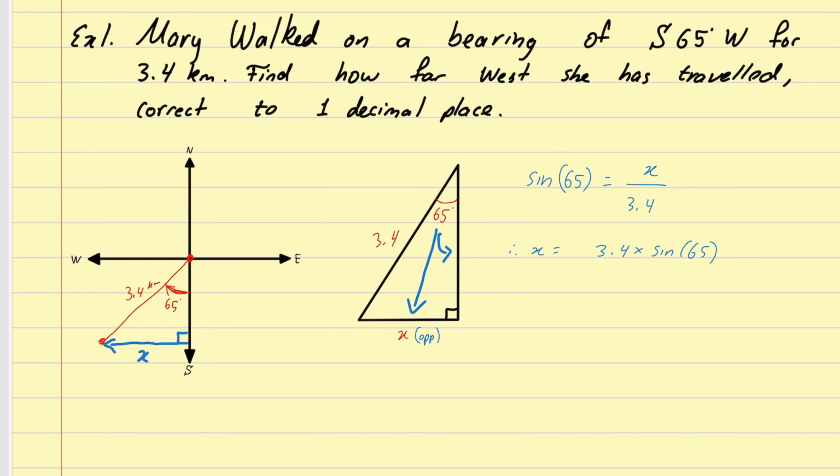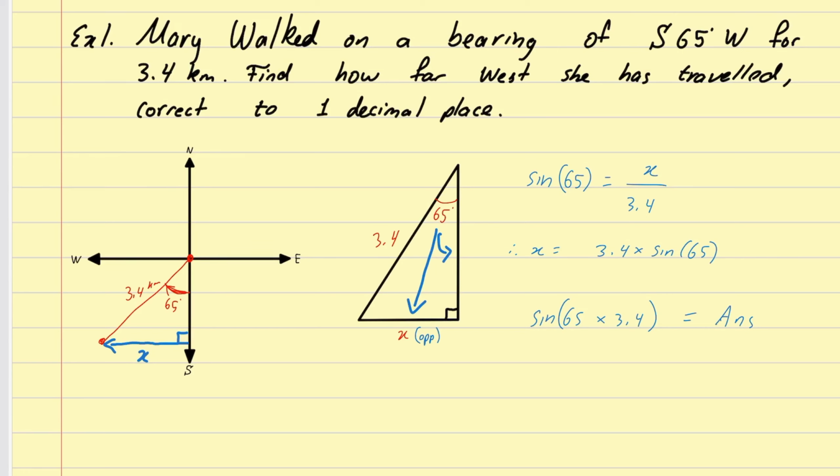Now, a common mistake that students will make is that they'll write it like this in their calculators. Since I'm timesing by 3.4, they'll go sine of 65 multiplied by 3.4. They'll close the bracket and then that'll give their answer. Now, why is that wrong? Because you've just gone ahead and multiplied the angle by 3.4.